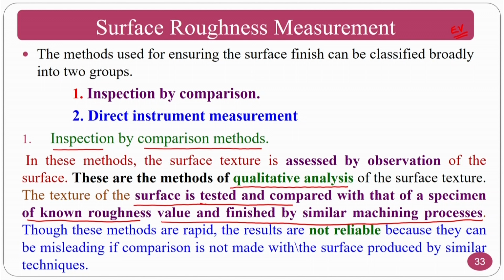Though these methods are rapid, the results are not reliable, because you may get biased, or you may just keep saying okay, okay. That is why this is not reliable: they are misleading if the comparison is not made with a surface produced by similar techniques.